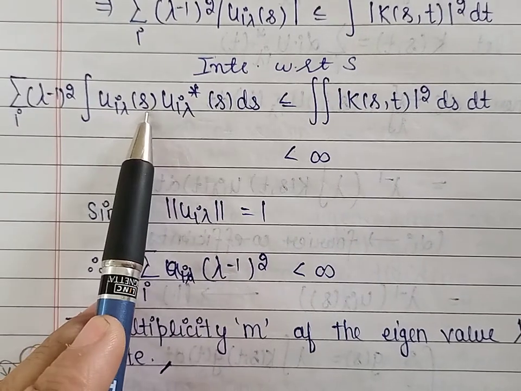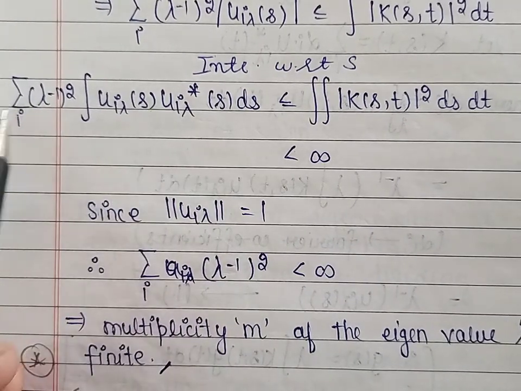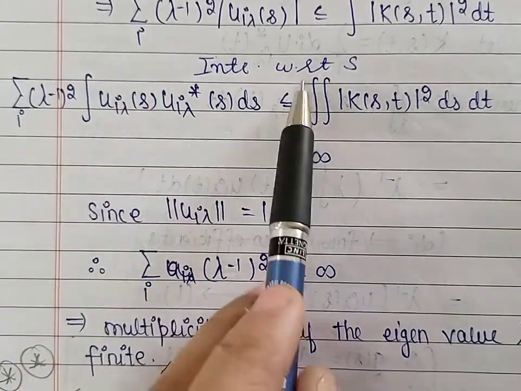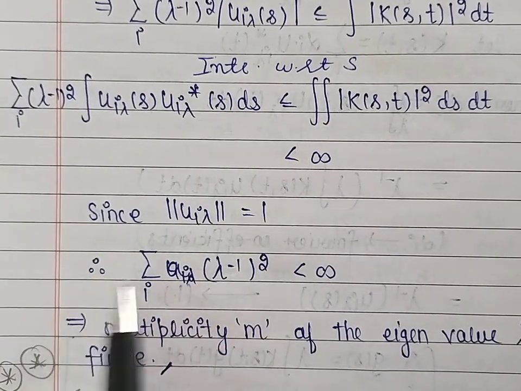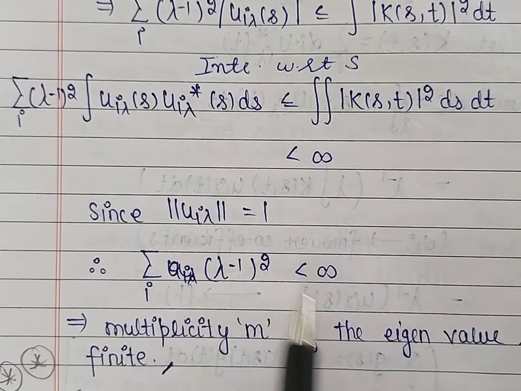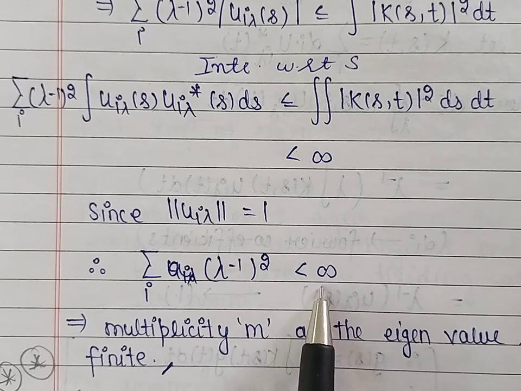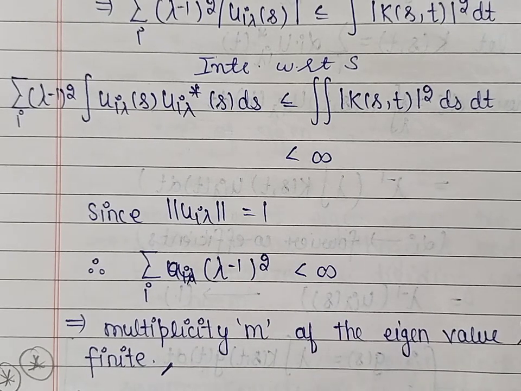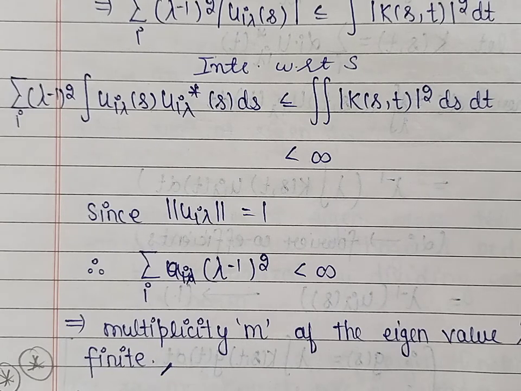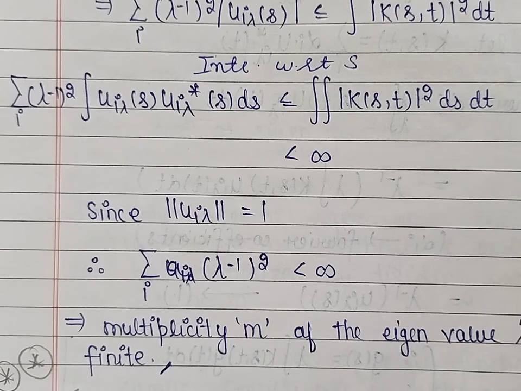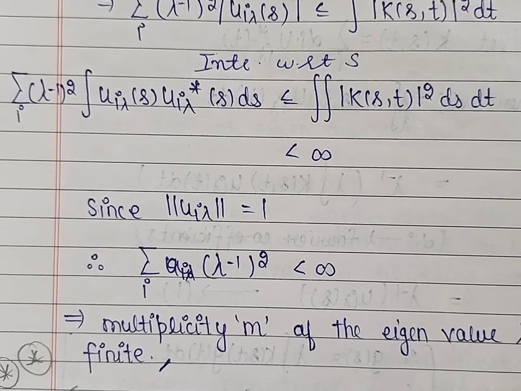Substituting the values here, this becomes summation over all i of lambda inverse whole square, and this is finite. Thus we can say that the multiplicity of every eigenvalue lambda is finite. So this proves the fourth property of eigenvalues and eigenfunctions for the symmetric kernels.